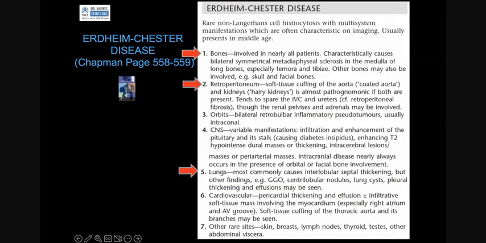Inflammatory process can be seen, with enhancement at the apex of the orbits, within the CNS, pituitary, stalk, or dura, etc. can enhance. In the lung, you can see lung cysts, and you can also see interlobular septal thickening.